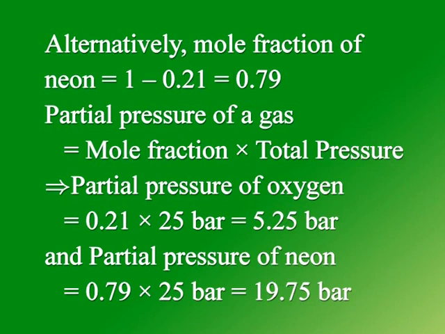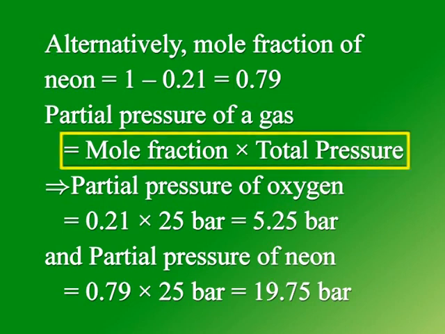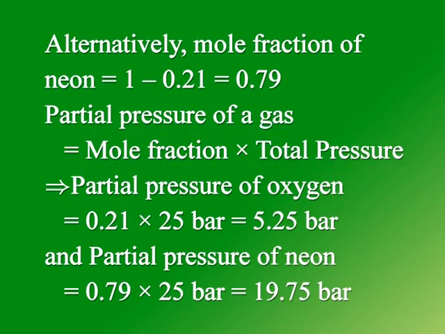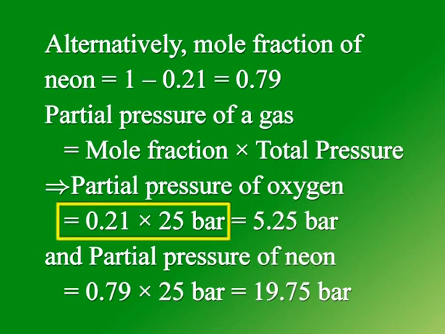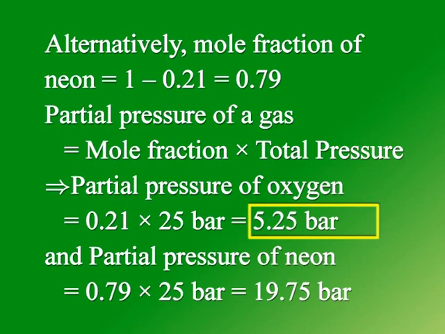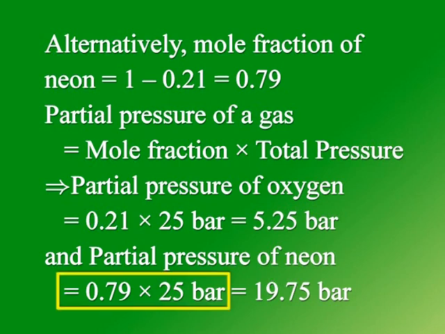Partial pressure of a gas is equal to mole fraction multiplied by total pressure, which implies that partial pressure of oxygen is equal to 0.21 multiplied by 25 bar, which is equal to 5.25 bar. And partial pressure of neon is equal to 0.79 into 25 bar, which is equal to 19.75 bar.